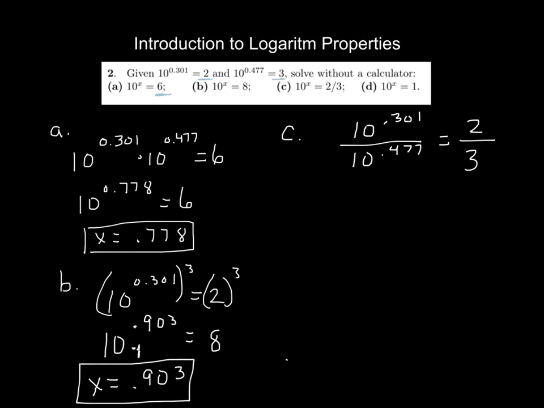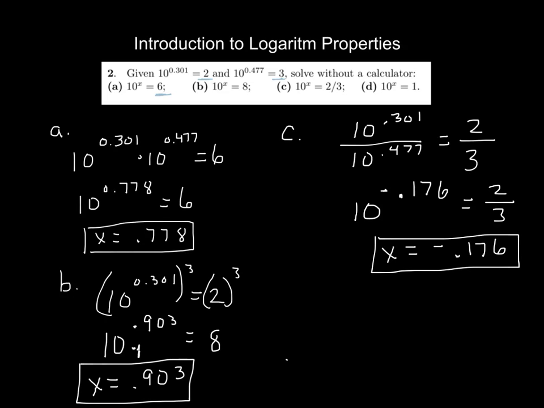So now when you have the same base with the exponents, what do you do to the exponents? Subtract them. So you would get 10 to the negative 0.176 equals 2/3. So what does x equal? Negative 0.176.